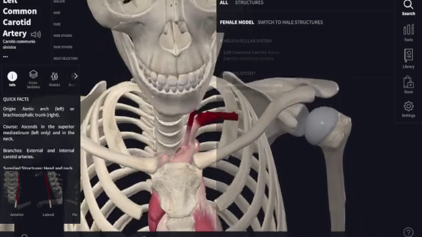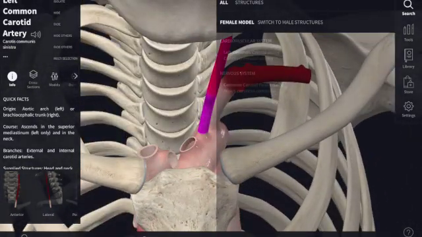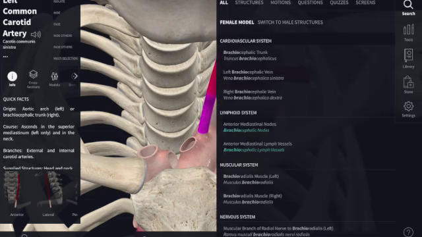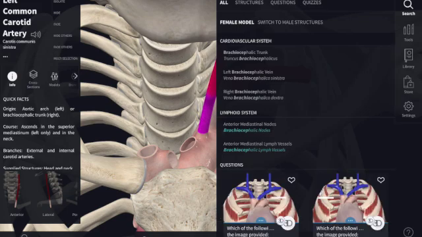Now to follow along with the book, let's get this first hole that's more anterior than the other two, the most anterior of the 3. That is going to be your brachiocephalic artery.